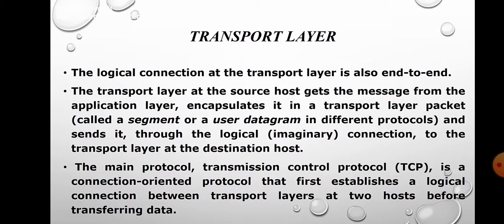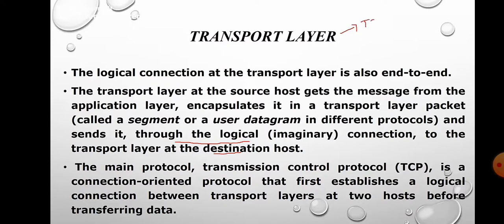And those encapsulated messages can be transmitted through the logical connections, which are imaginary connections, to the transport layer at the destination host. So on the transport layer, we can make use of two standard protocols.